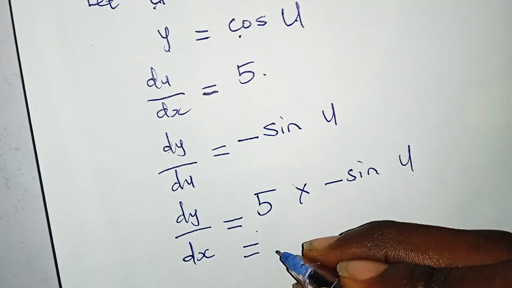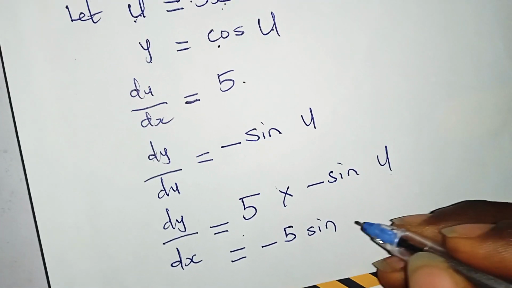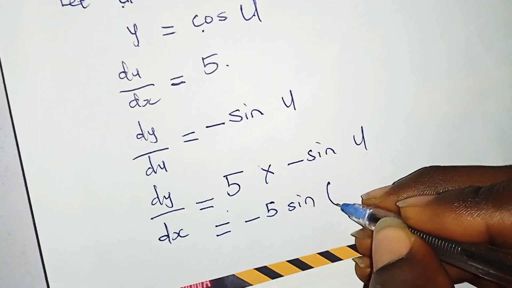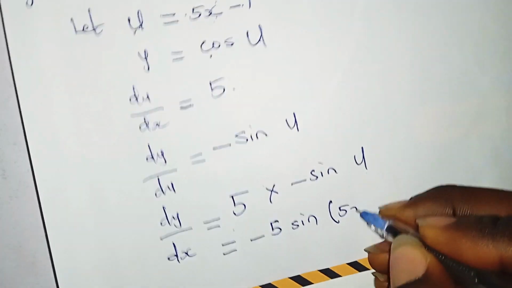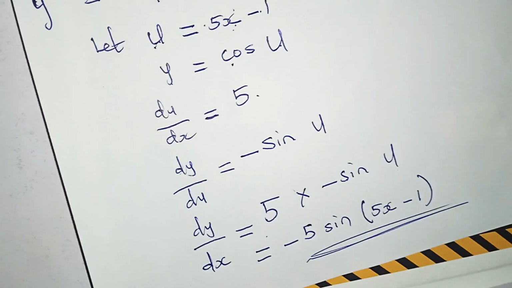And this is something like minus 5 sine u, and u is the same thing as 5x minus 1. So this is my answer.